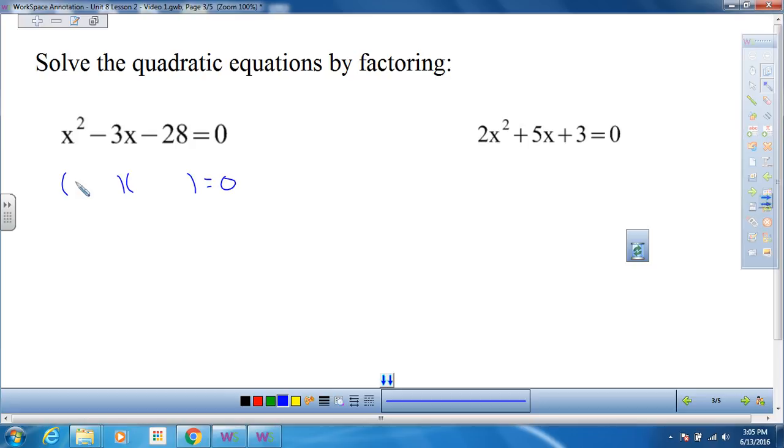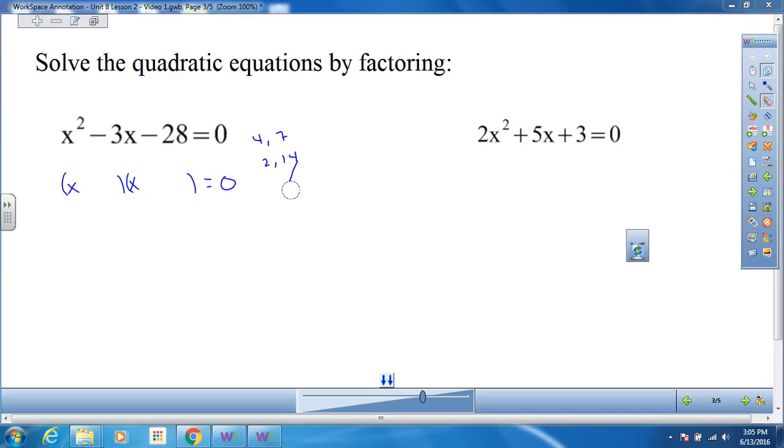To get x squared, I'll have x times x. And to get negative 28, factors of 28 are 4 and 7, 2 and 14, and 1 and 28.